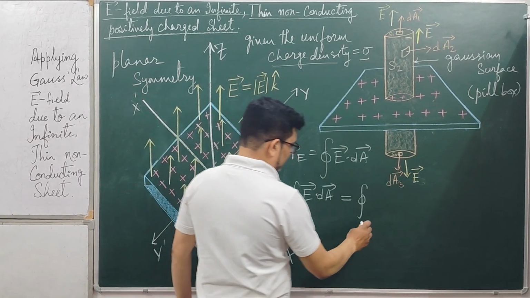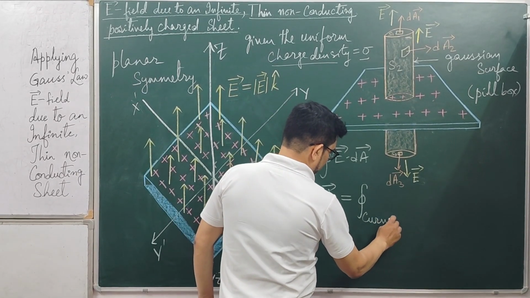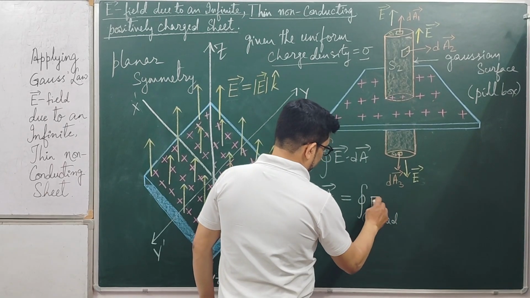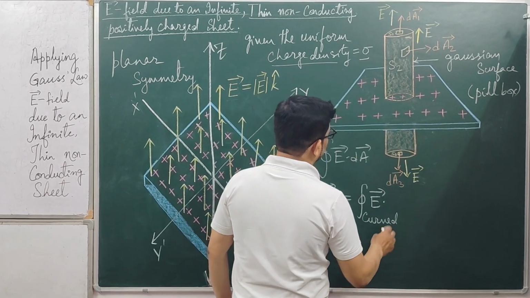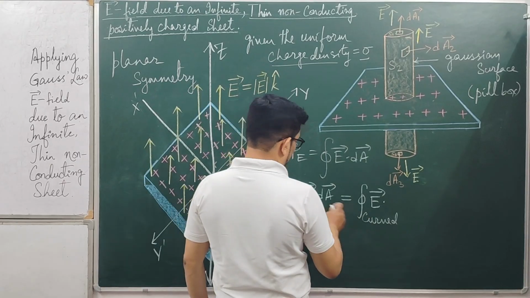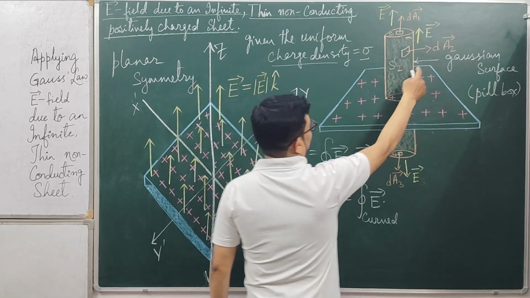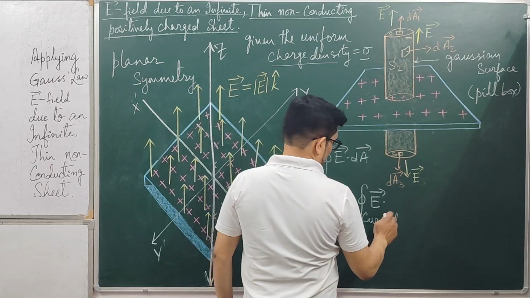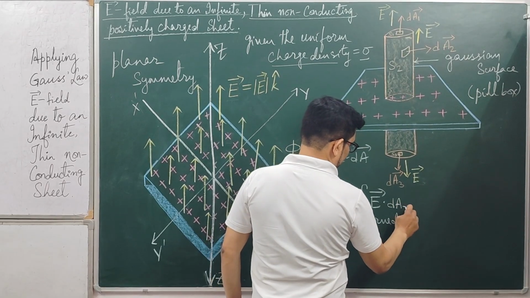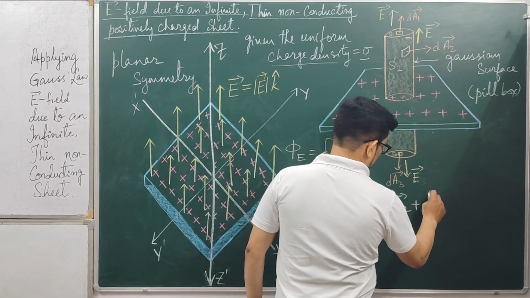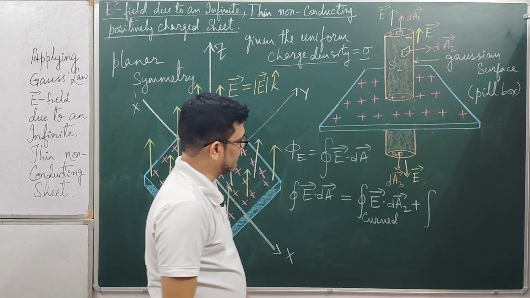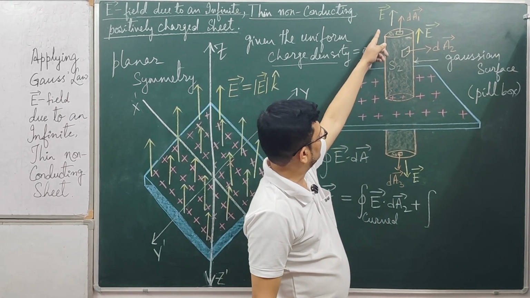So for the curved surface, we can write E is constant, E dot, it's a dot product, right? So E dot dA2 for the curved surface, plus, and we also know from our understanding that these two flat surfaces are equal.